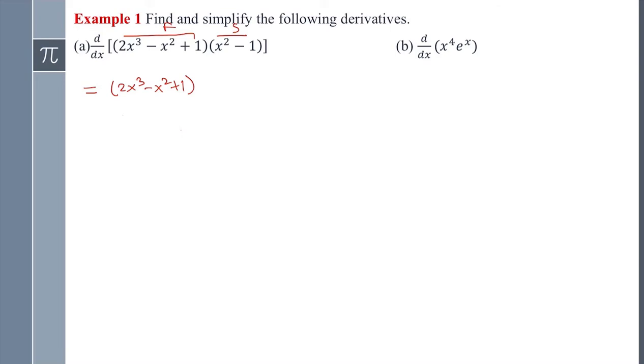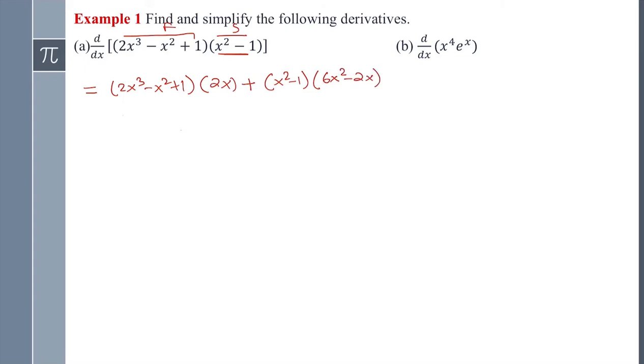If you do the second function and then find the derivative of the first, it's totally fine. So we'll copy the first function, times the derivative of the second function, which is 2x, plus the second function, which is x squared minus 1, times the derivative of the first function, which is 6x squared minus 2x.